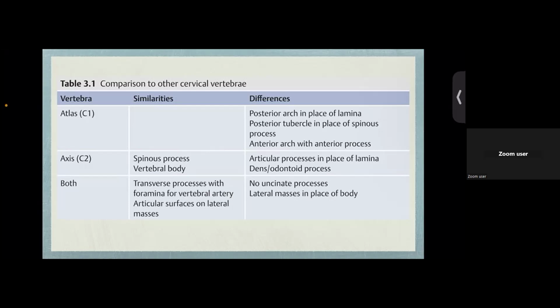Differences: the atlas, unlike the typical cervical vertebrae, has a posterior arch in place of the lamina, a posterior tubercle in place of the spinous process, and an anterior arch with an anterior tubercle. Of note for the axis, there is the dens or odontoid process and an articular process in place of the lamina. Both don't have uncinate processes, and the atlas has lateral masses in place of the body.